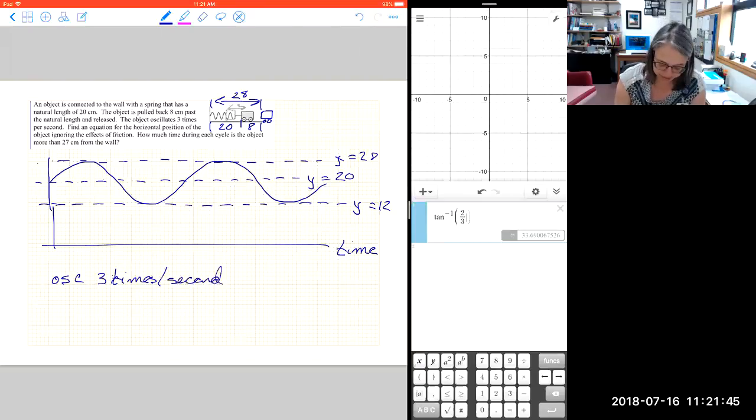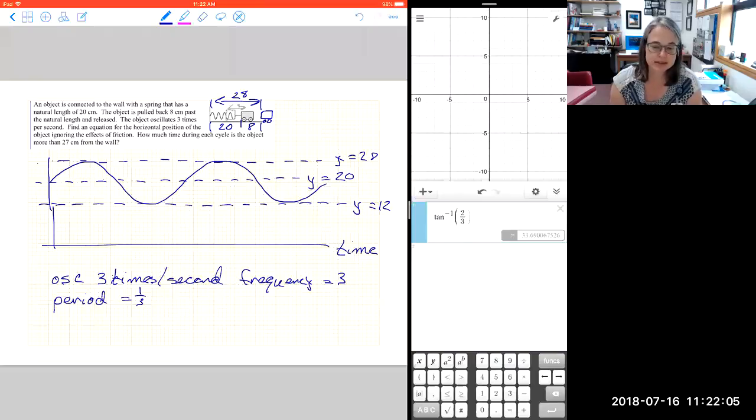That's what we call the frequency. Now the frequency is actually the reciprocal of the period. So that means that my period is 1/3. We're going to work in radians here.